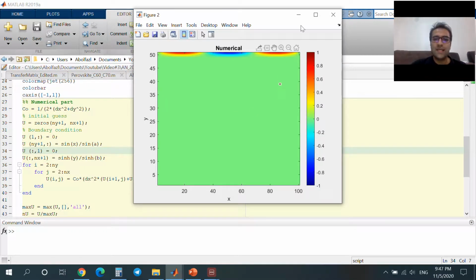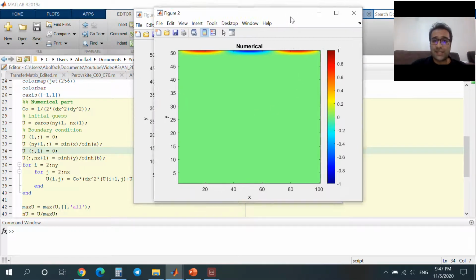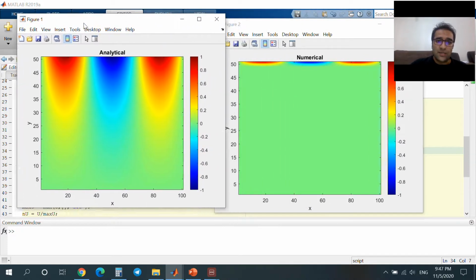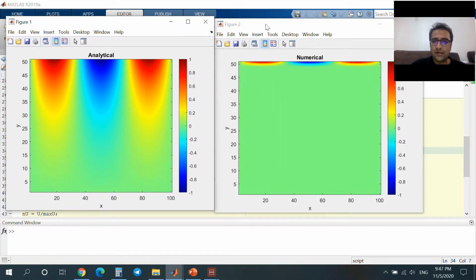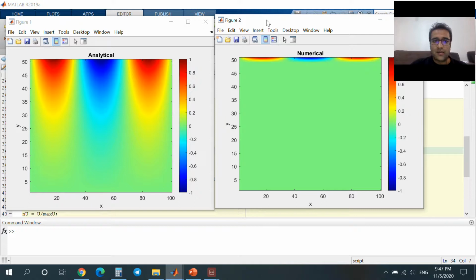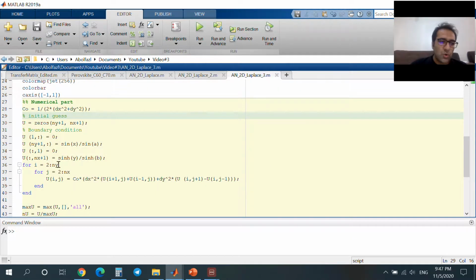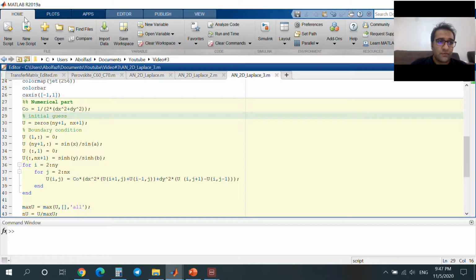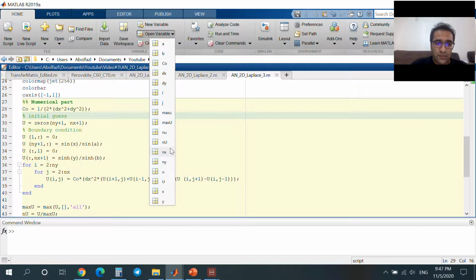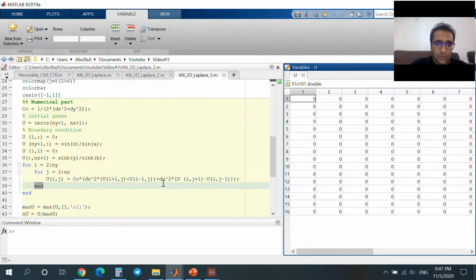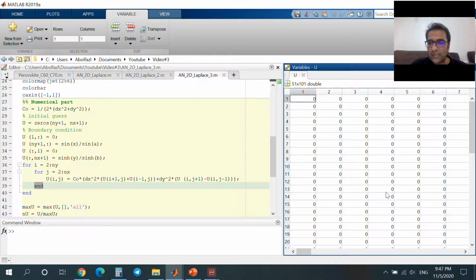Okay, and you see, this is the numerical solution, and if we compare this solution, you see they are not similar at all. So what's the problem? Let me show you the numerical solution, this is the capital U. Here from Home, open variable. If I open U, this is the U matrix, you see?